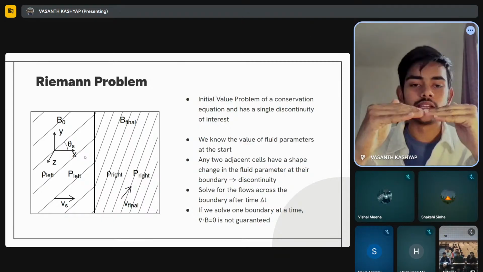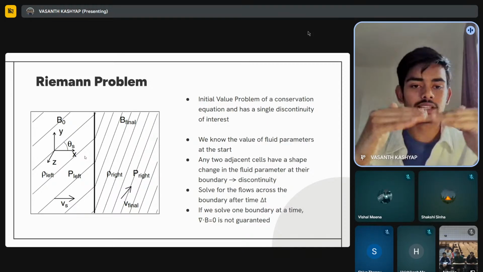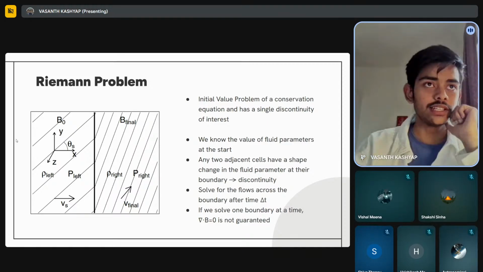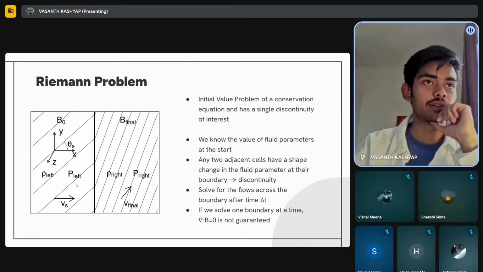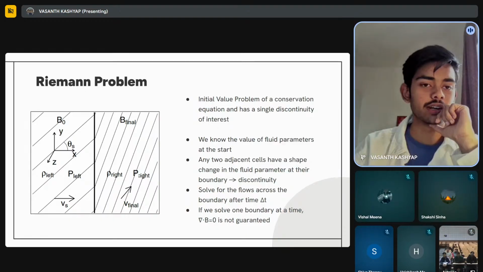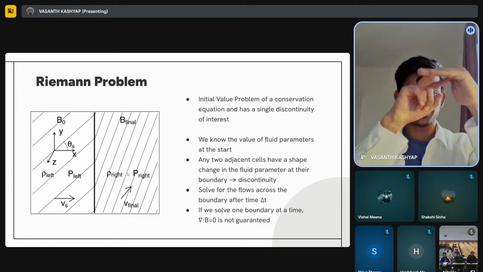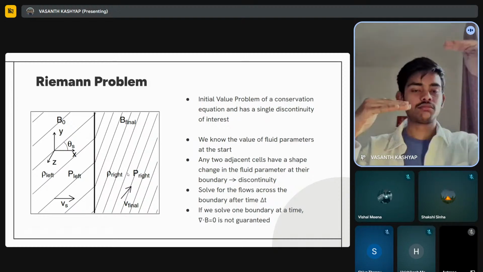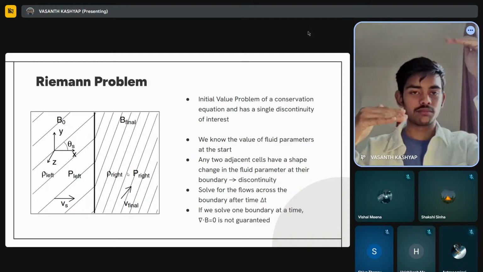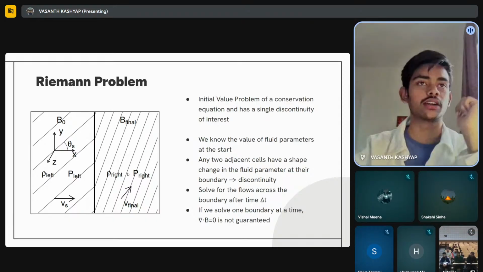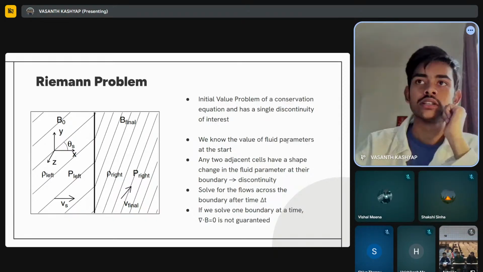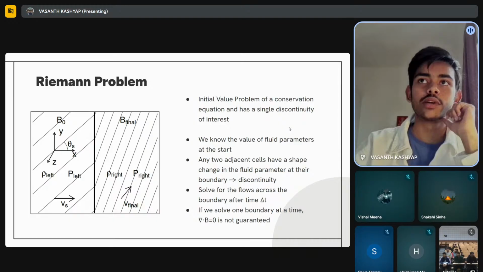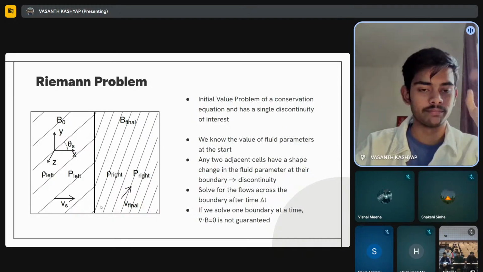If that is not the case, if there is any variation, basically because you're using these numbers to represent the left and these numbers to represent the right, it is basically like a step function with densities, some high density on the left, low density on the right, and there is a sharp change across this boundary. So classically, a Riemann problem always has a single discontinuity at this boundary. So there is a sharp change.